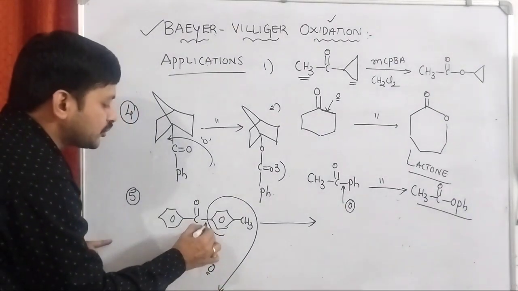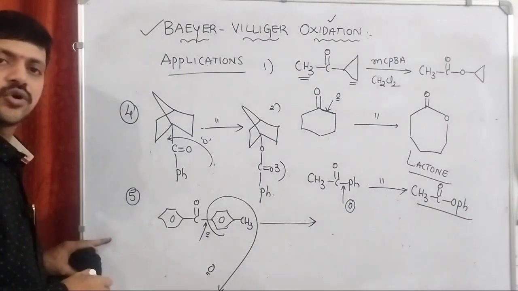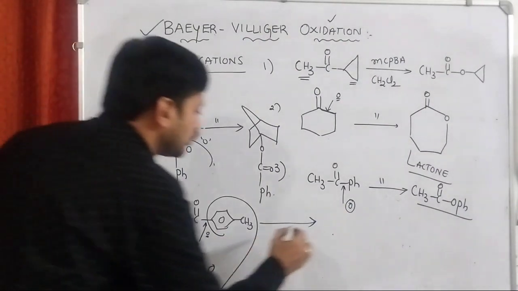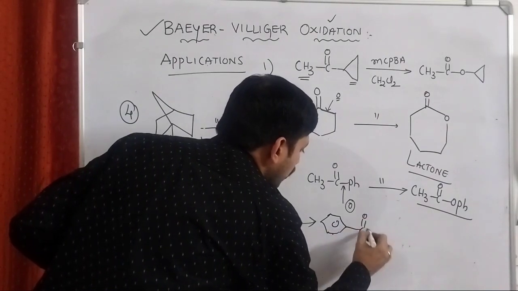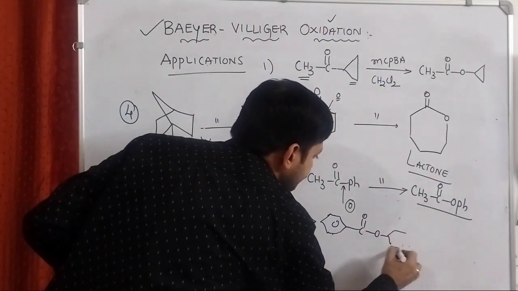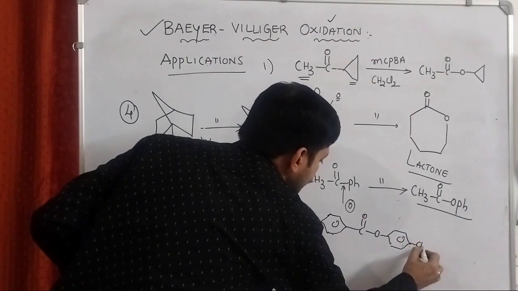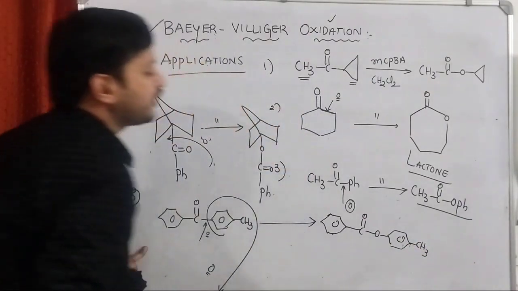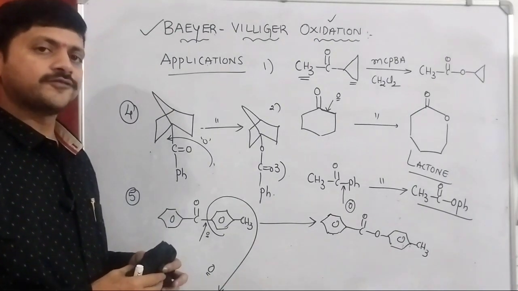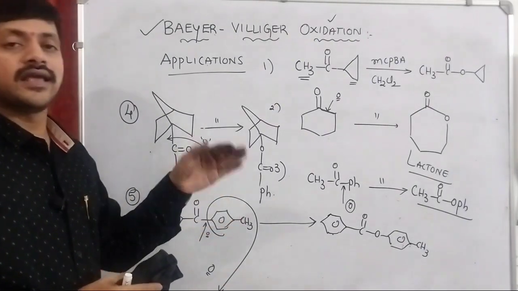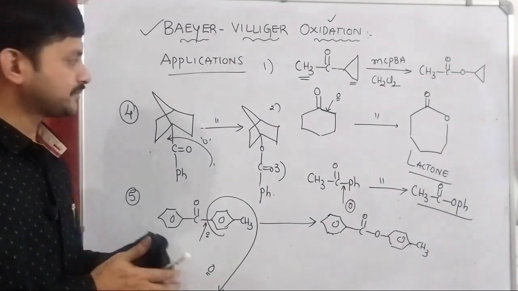So simply, we need to insert an oxygen at this position. So you will come up with phenyl, C double bond O. In this way you need to remember the migratory aptitude of the particular alkyl and aryl substituted groups.